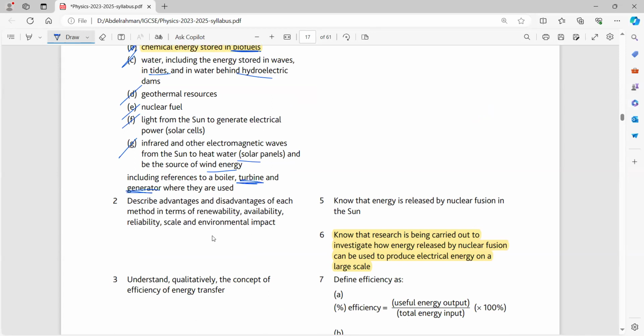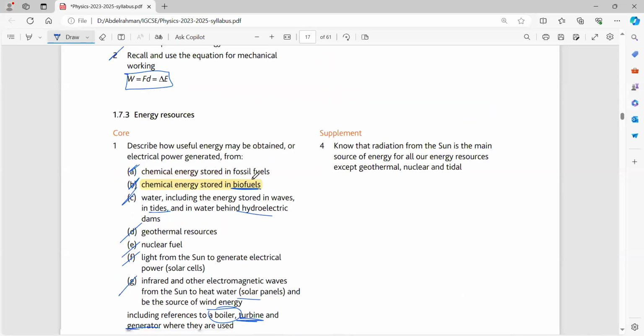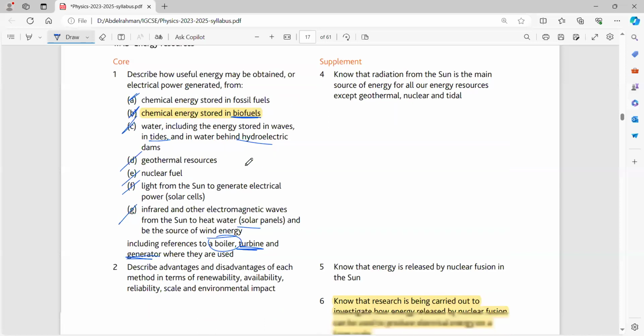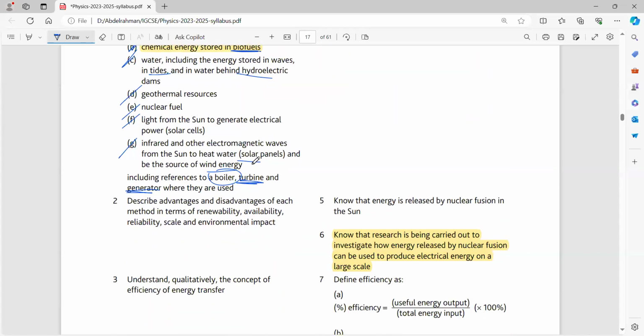A boiler is used in the fossil fuels, the biofuels, and the nuclear fuel. You don't have a boiler in the geothermal. The water boils on its own due to the heat generated by the hot rocks.